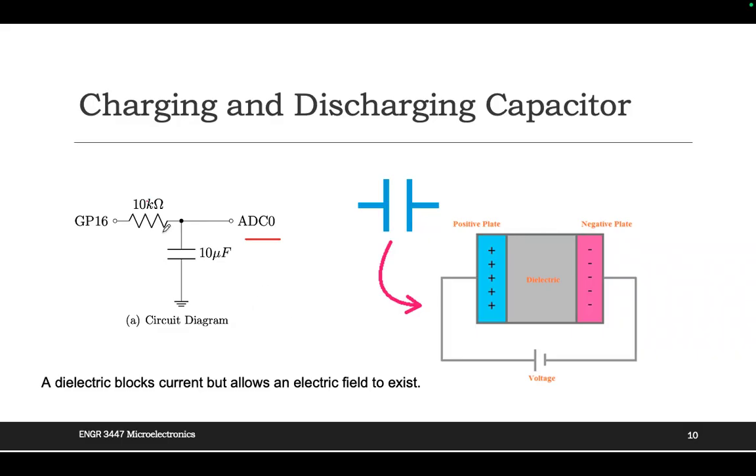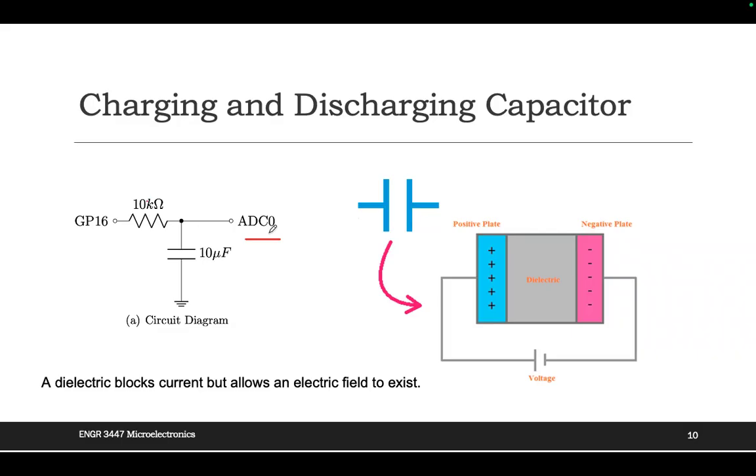When it is discharged, it can be considered as an open connection. So if you measure this one, maybe it's 3.2, 3.1, but maybe not exact. But at the beginning it's 3.3.